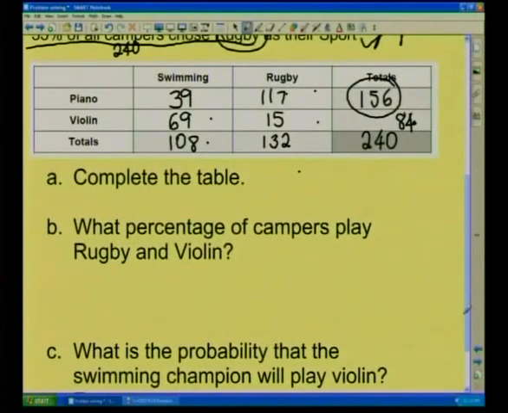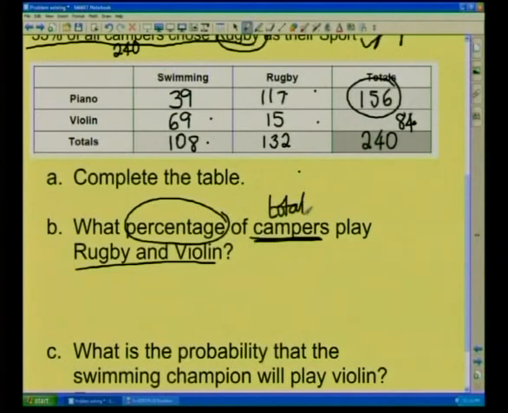Right, now we need to use this table to answer the following questions. What percentage of the campers play rugby and violin? Of the campers, which means the total children, in this case is 240, and they want the answer in percentages.